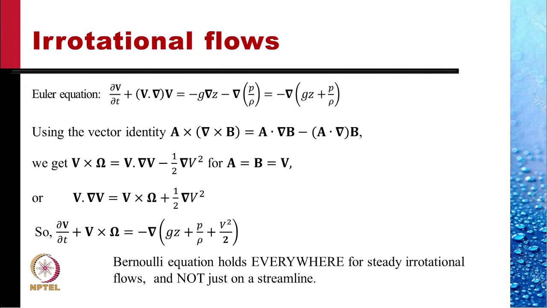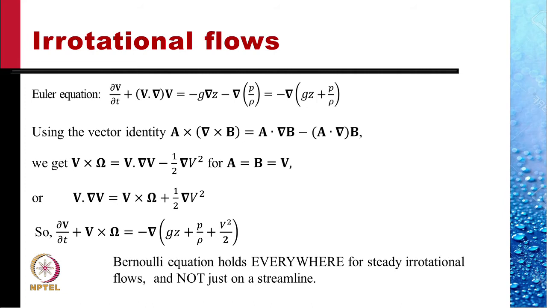Thus, if the flow is irrotational, that is, if omega is equal to 0, and the flow is steady, the left hand side is 0 and we get del of (g z plus p by rho plus V square by 2) is equal to 0.